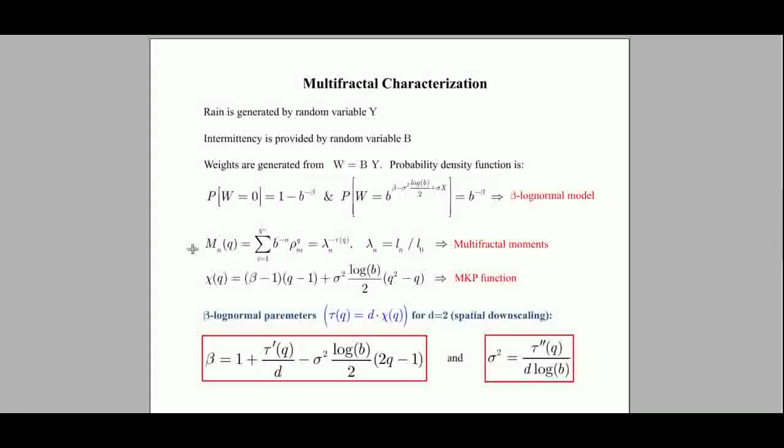And then the characterization of the parameters of the random generator for the times in which we have rainfall is this one here. These two things together form the beta log normal model. And the formulas for the two parameters of the random generator are these. And they are based on the fact that the information to be downscaled is log normally distributed.